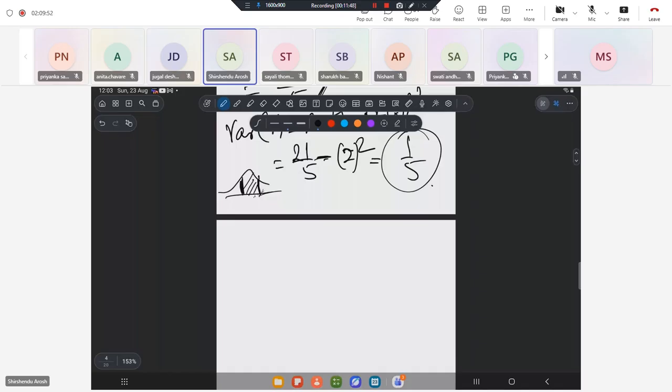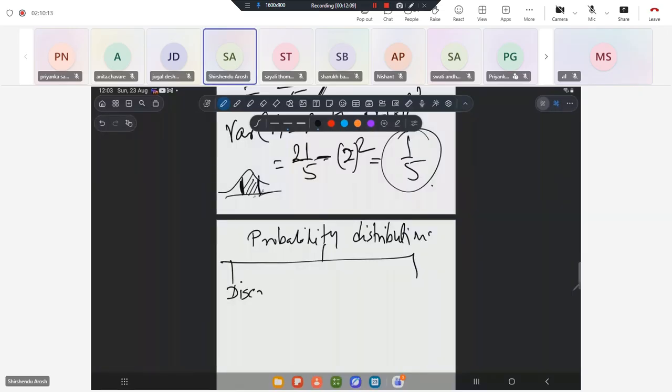Of course, we are going to learn about both cases, the discrete and the continuous, but the maximum impact is from the continuous. So if I say probability distributions, we have discrete and continuous.